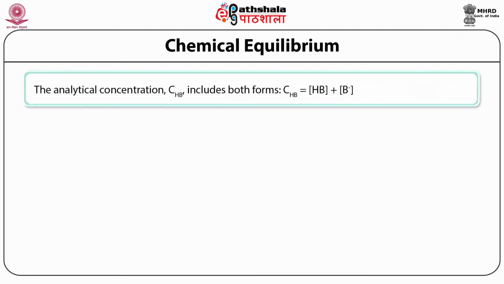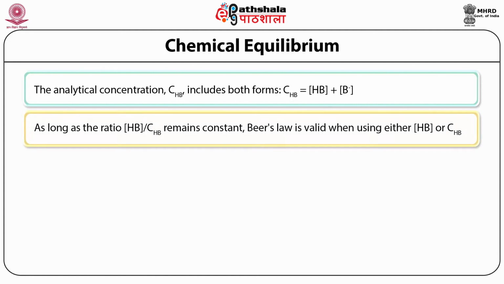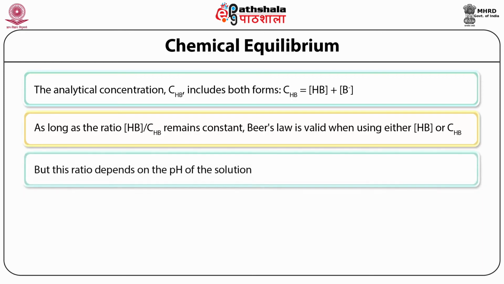The analytical concentration, indicated as CHB, includes both forms, that is, the ionized form, B anion, and the combined form, HB. As long as the ratio [HB]/CHB remains constant, Beer's law is valid when using either HB or CHB. But this ratio depends on the pH of the solution.